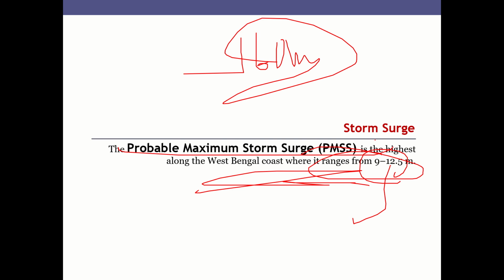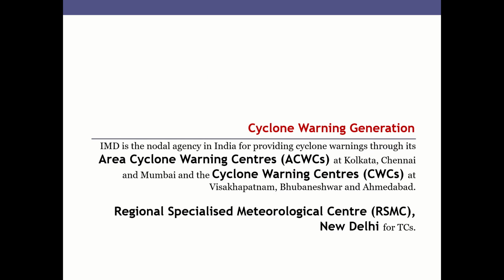In fact, we have a map that shows the probable maximum storm surge that can take place based on historical data, like we have a flooding information map. This map shows to what extent historically the water has reached, and we can expect that it may not go beyond that. This is one thing that we should keep in mind.